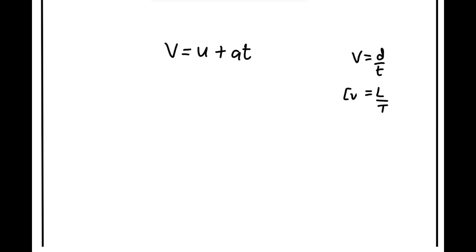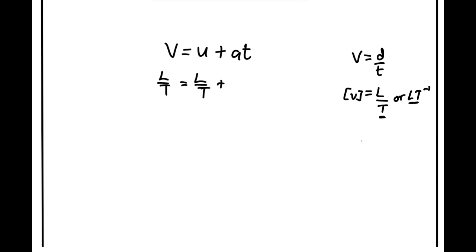So the dimensions of velocity are L over t, or Lt^-1. This format is useful in certain cases, but in this case we'll maintain L over t. So that's L over t is equal to the dimensions of initial velocity, which are also L over t.